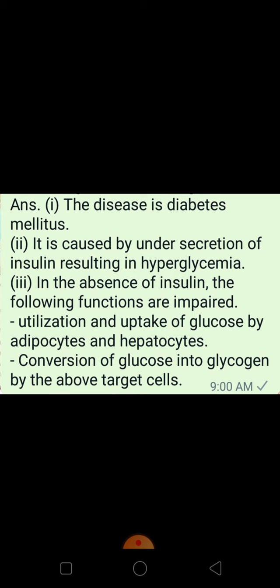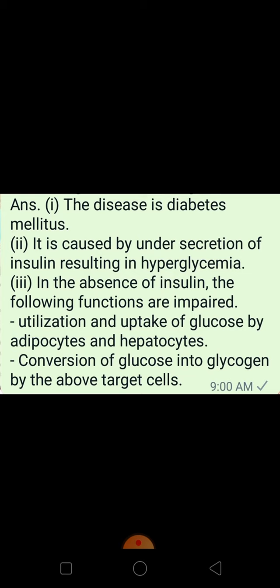Due to the under secretion of insulin hormone, it results in a condition that is hyperglycemia, that is increase in the glucose level, right? Now, in the absence of insulin, the following functions are impaired. So these are the effects. First, utilization and uptake of glucose by adipocytes and hepatocytes is impaired.